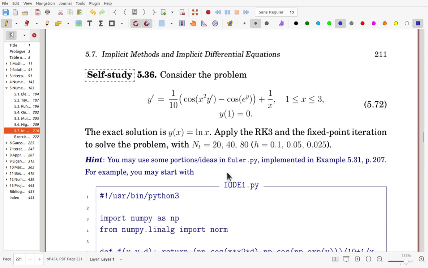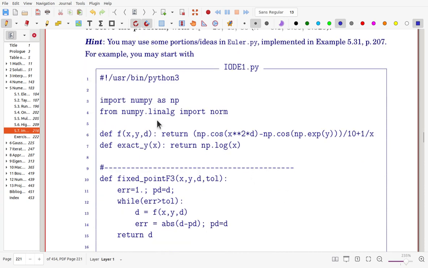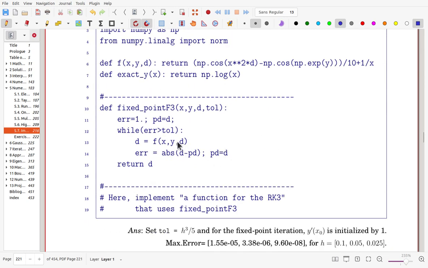You may use some portions or ideas from the earlier program, and for example, you may start with this one. Okay, in the same portion we define f of x, y, d here. d is y prime. The exact value is the logarithm of x, and here this is now the fixed point iteration F3.